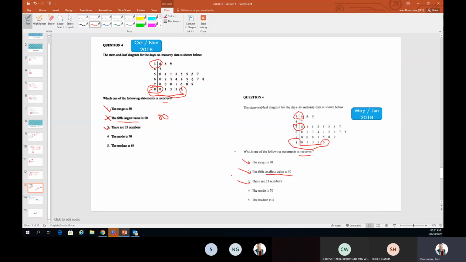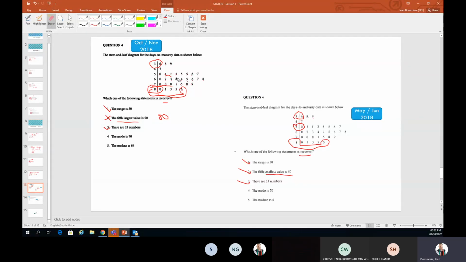The mode: looking for the one that happens the most. Let's see, there's a 51 that happens twice. There's a 55 that happens twice. There's a 64 that happens twice. 70 that happens 3 times.